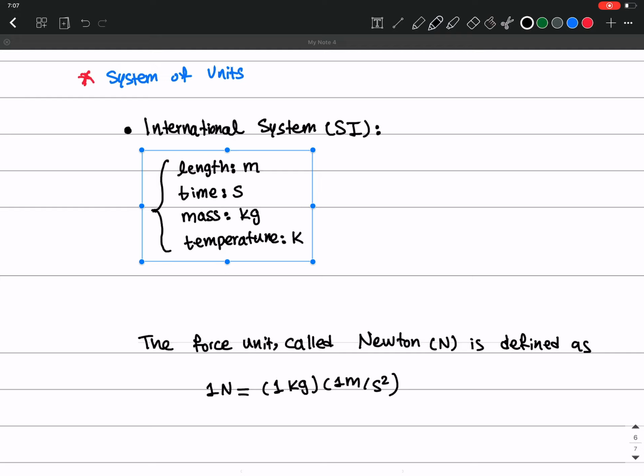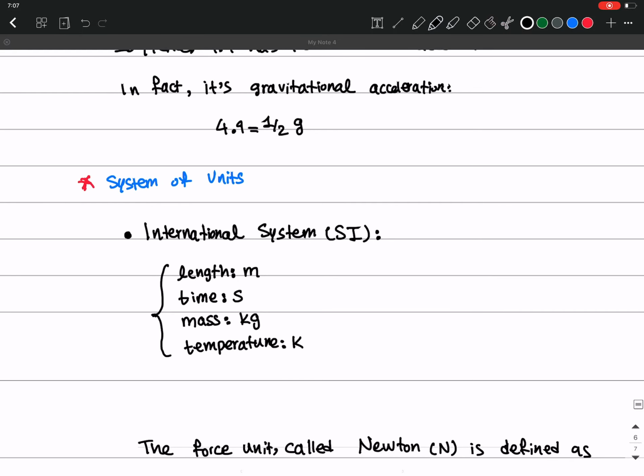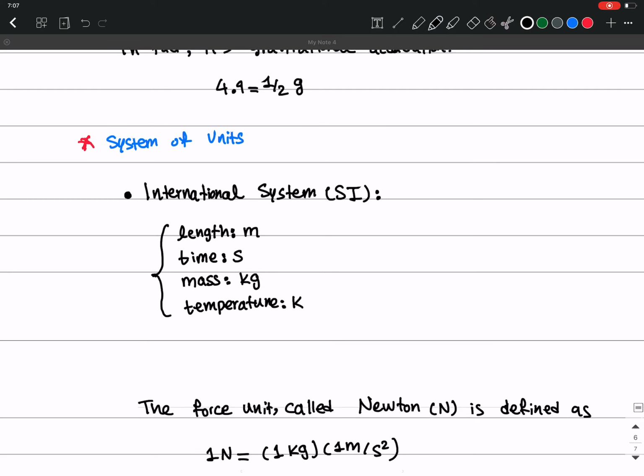Although we don't need this, we can just write kilogram meter per second square based on the primary quantities, because these are the primary quantities, right? Length, time, and temperature are all primary quantities, correct?